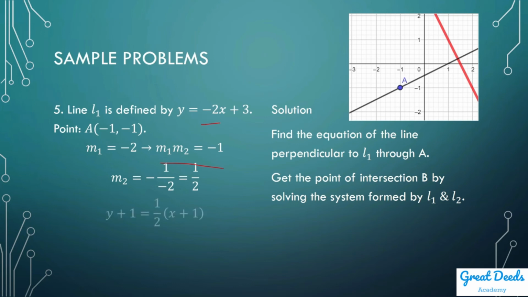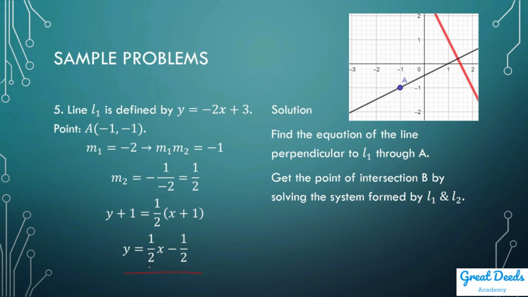Let us now write the equation for L2 in slope point form: y minus negative 1 is equal to 1/2 times the quantity x minus negative 1. Let us simplify this and write it in slope-intercept form: y is equal to 1/2 times x minus 1/2.